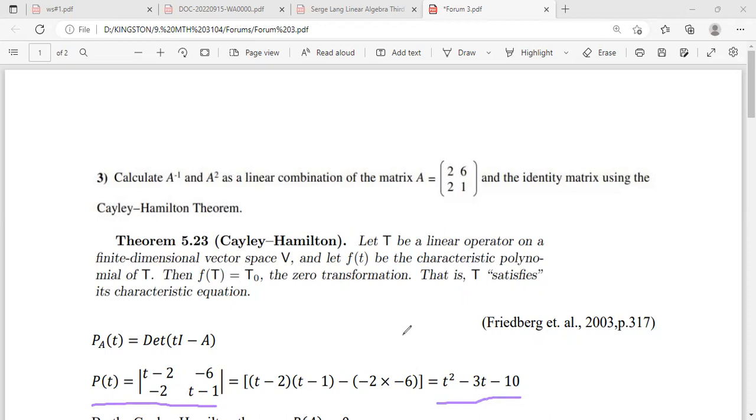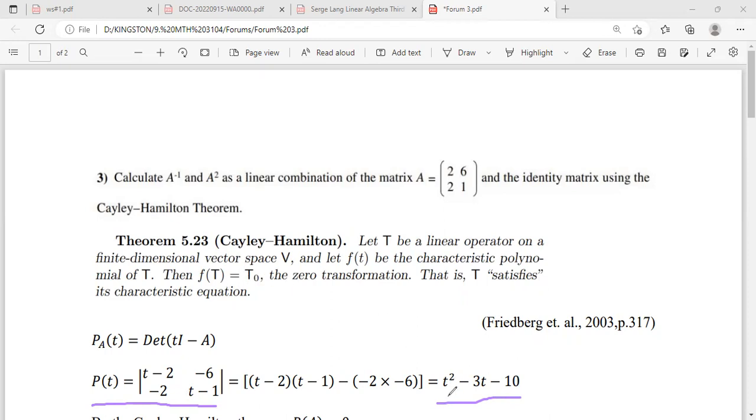Now, according to the principle given by the Cayley-Hamilton theorem, when we input our matrix into the characteristic polynomial, what we'll get is the zero transformation, we'll get 0.